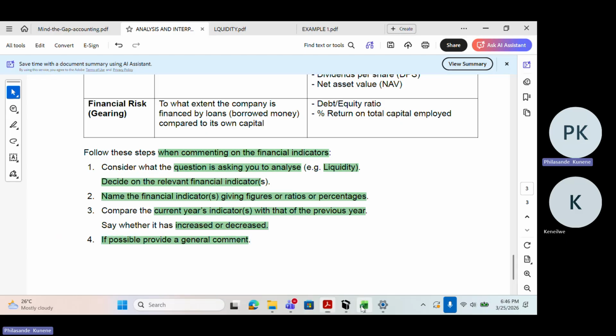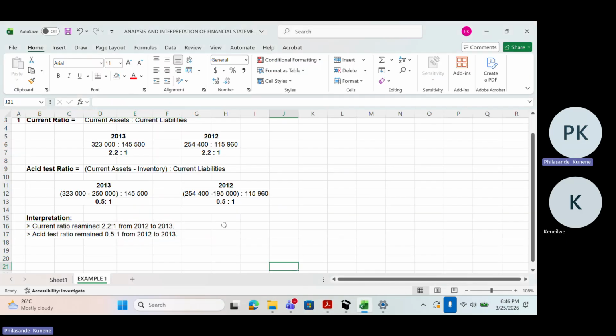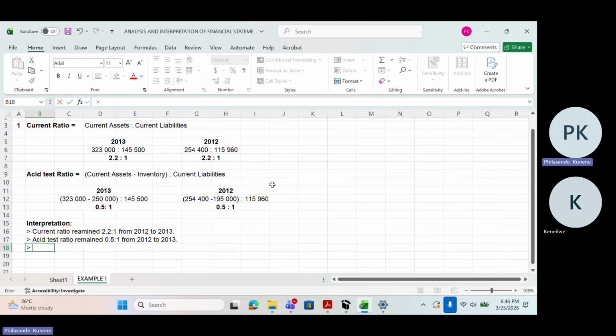Can we say that the company is in a good liquidity position or not in this situation? Let's focus on the current ratio first.